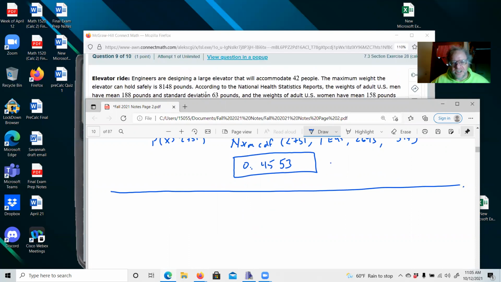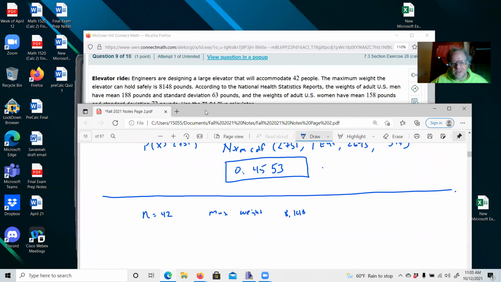All right. Engineers are designing a large elevator that will accommodate 42 people. The maximum weight the elevator can safely hold, so we're going to have max weight, 8,148 pounds. Okay. So the weights of U.S. adult men, we'll say, is it this symbol for male and this symbol for female?